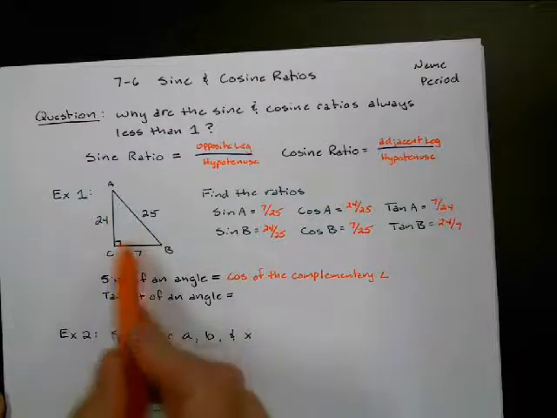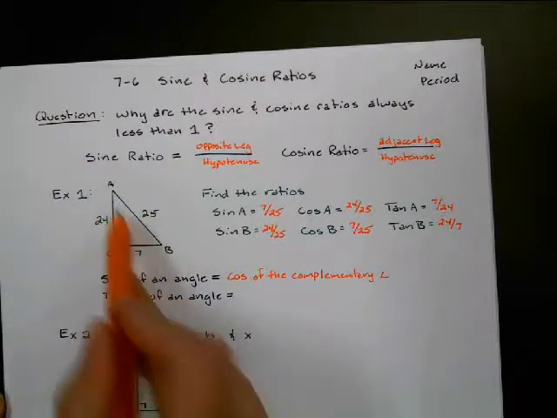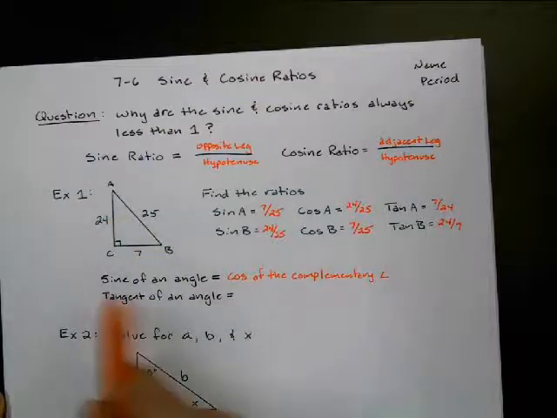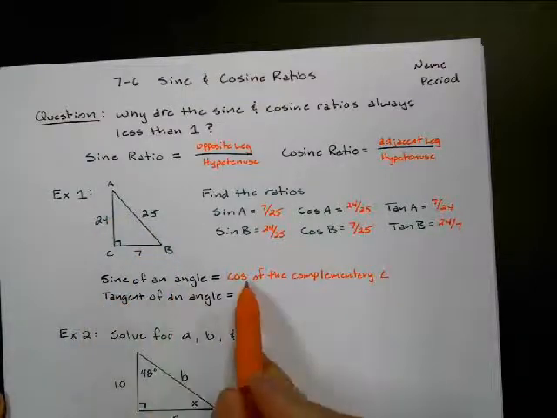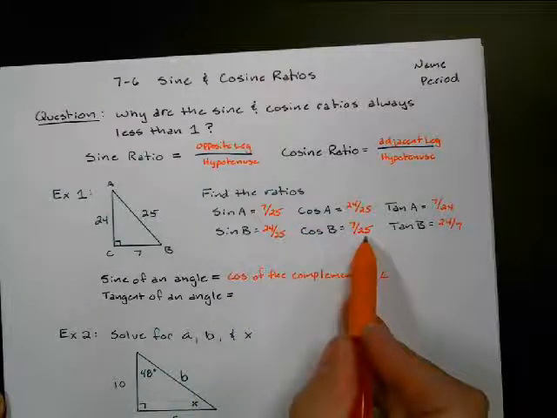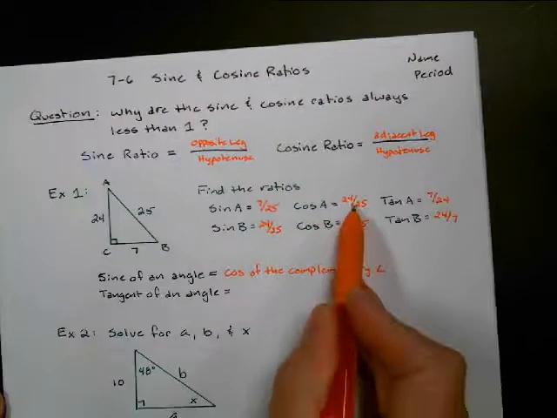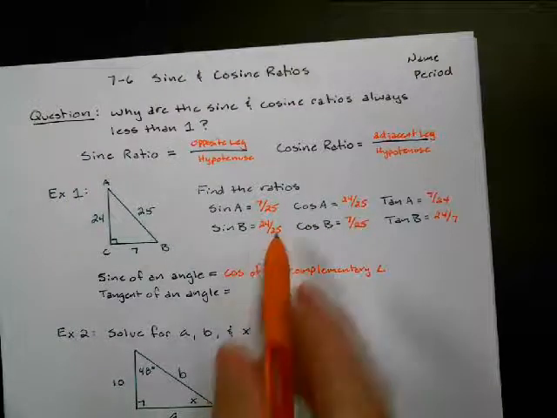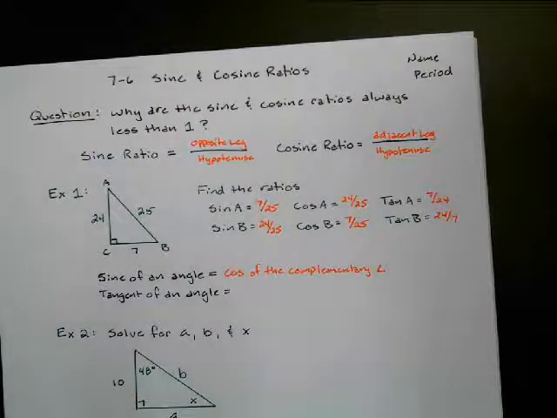So they have to add up to 180 total. So if this is 90, these two together make 90. So whatever the sine of an angle is, it's going to be equal to the cosine of the other angle. See, the sine of this one was the cosine of this one. The sine of this one was the cosine of this one. Because the opposite of one of them is the adjacent of the other one.